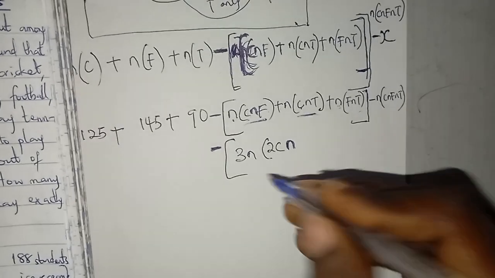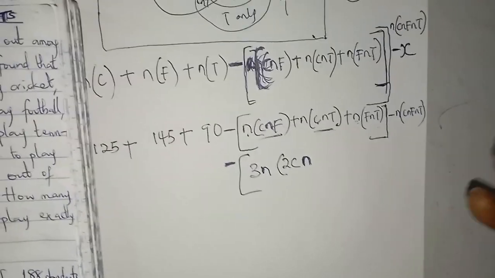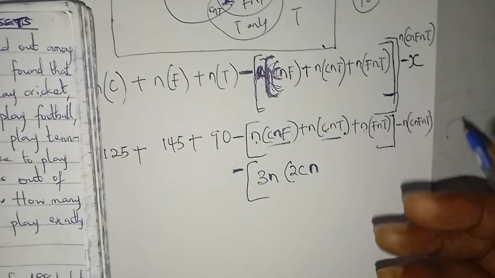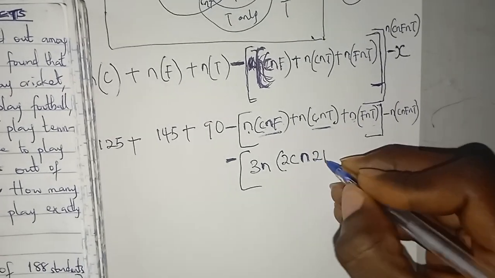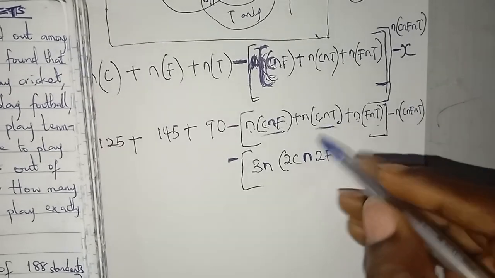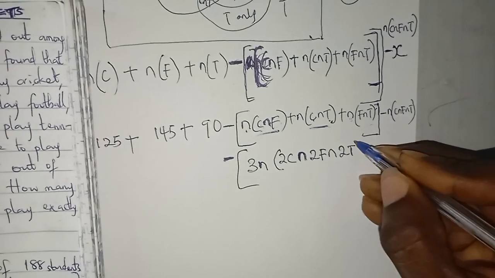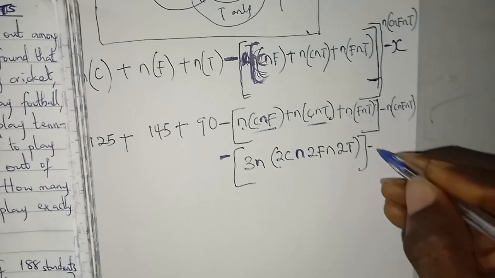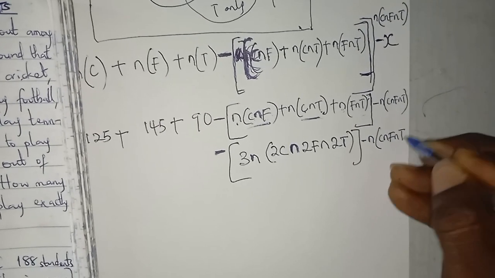If you've been getting it wrong, you need to pay attention, and you get to see there's a principle this thing is following. And I have f. How many f? 2f intersection. How many t? 2t, minus n c n f n t.